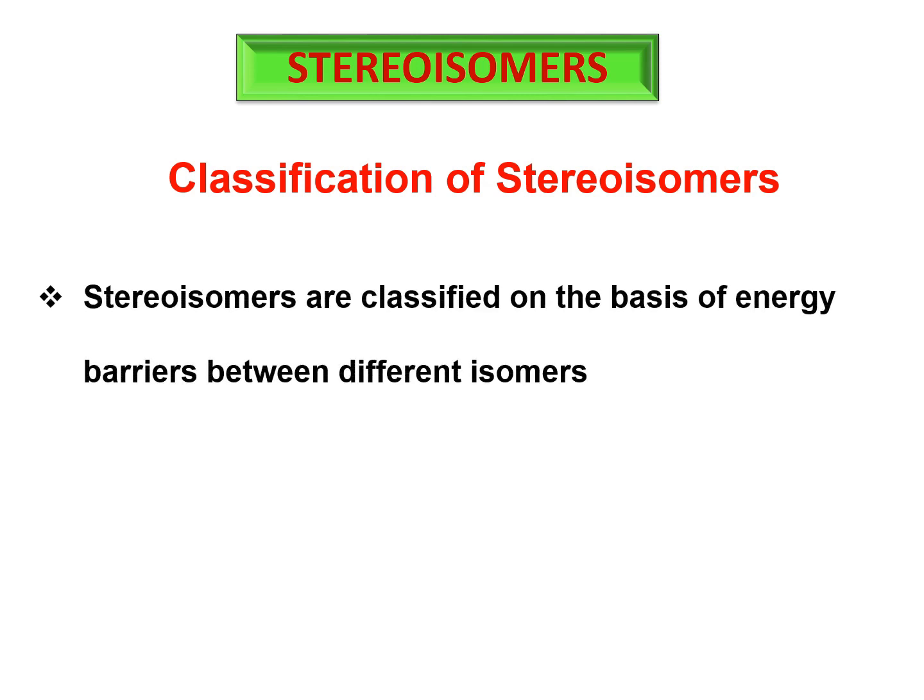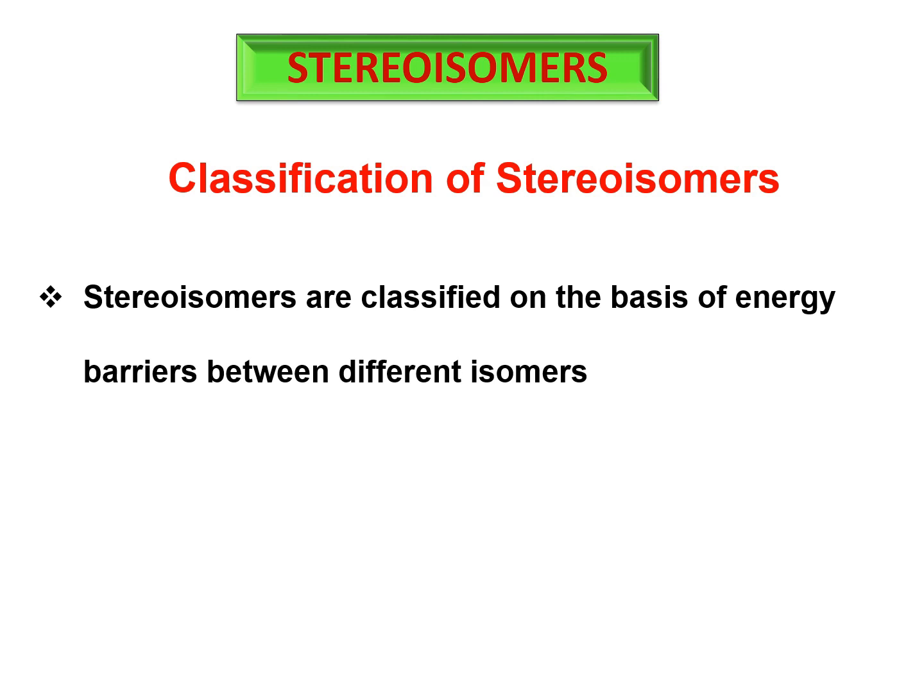In my previous video lecture, I told you about how we can classify stereoisomers. There are two major classes of stereoisomers, and these classes are made purely on the basis of the energy barrier, or the difference of energy barrier, between different isomers.